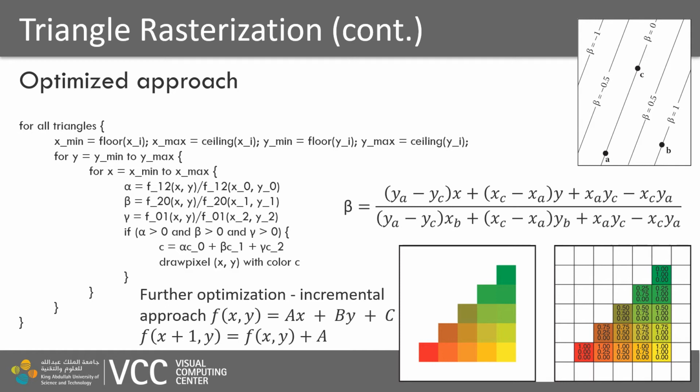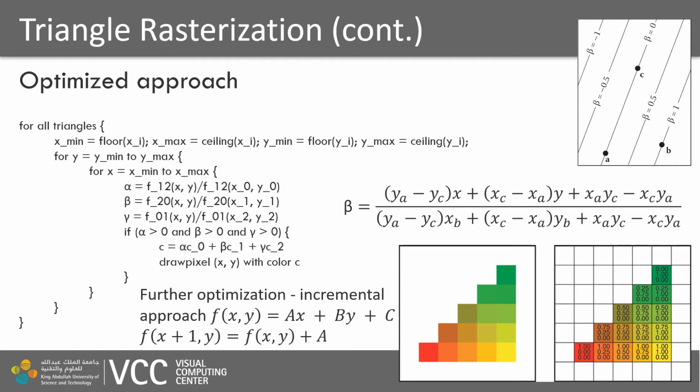So for the vertices of the triangle, we are finding the min and max coordinate for both x and y, which form a rectangular area within the screen. And within this rectangular area of the screen, we will then be searching for the particular values of alpha, beta, gamma. And if all of these are bigger than 0, that means that we are inside the triangle.